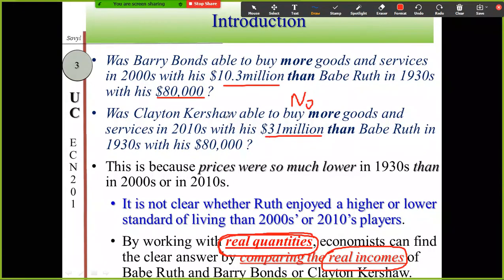You may ask, what is real income? What are real quantities? That's why we need to learn this chapter.